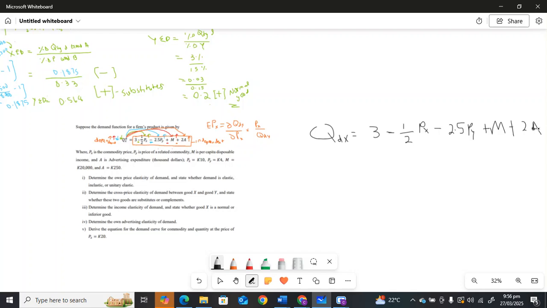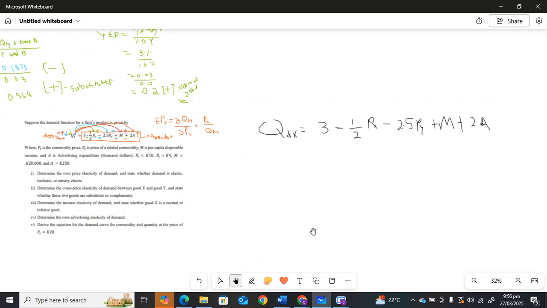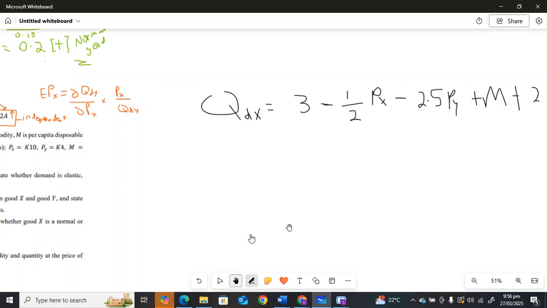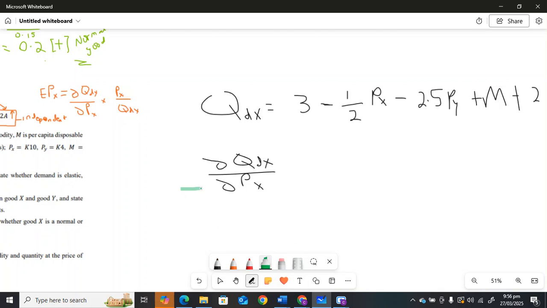Whenever we say we're getting the partial derivative, it means we are going to only focus on one variable in the equation. In this case, we're getting the partial derivative of the demand function with respect to the price of good X. If any element in the equation doesn't have that variable, the px in this case, then it disappears.